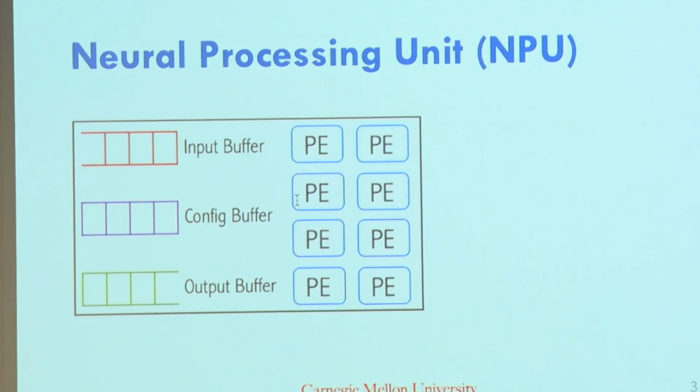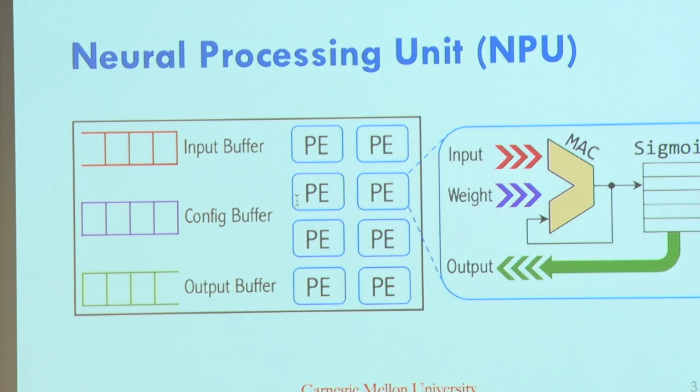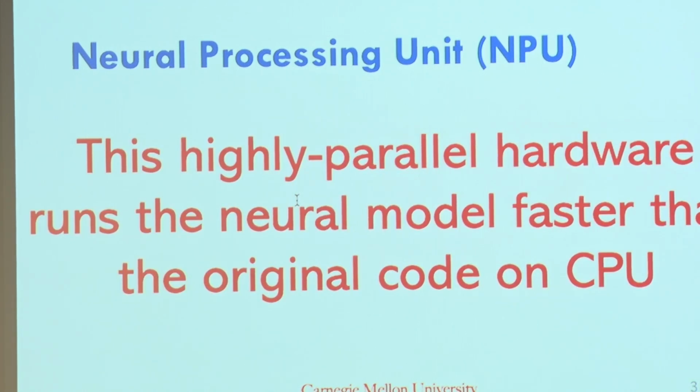The accelerator, MPU, is a stereotype neural accelerator. It has several processing elements, each with specialized hardware like multiply, accumulate, and sigmoid activation implemented as a lookup table to accelerate these operations. And this highly parallel hardware is expected to run neural models much faster than the original code would have run on the CPU.